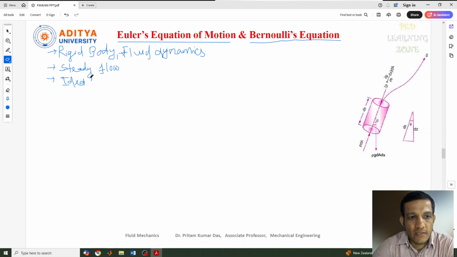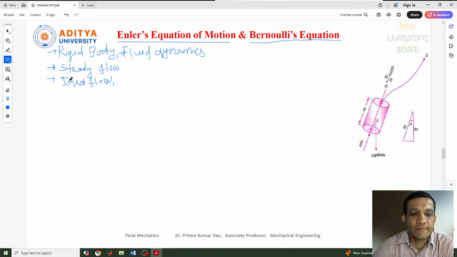Ideal flow means the viscosity of the fluid will be 0, because it is an ideal flow, not a real fluid. So viscosity will not be there, and we can consider some other assumptions like incompressible fluid. These are the two major things we need to consider here.